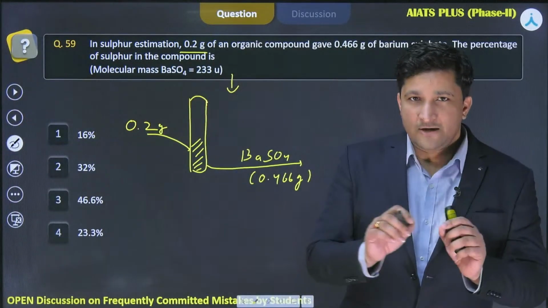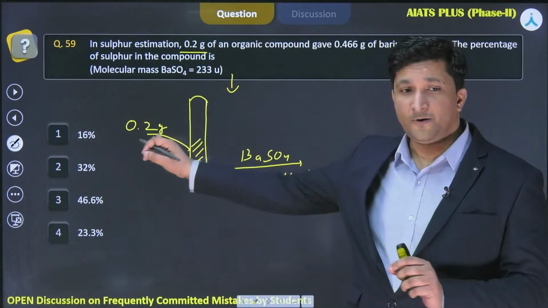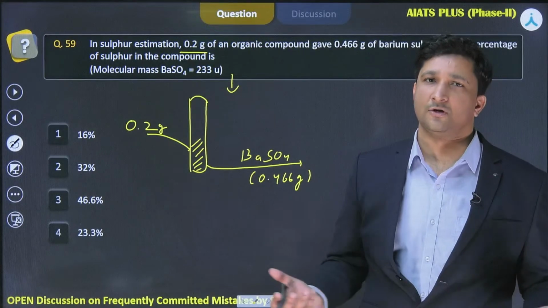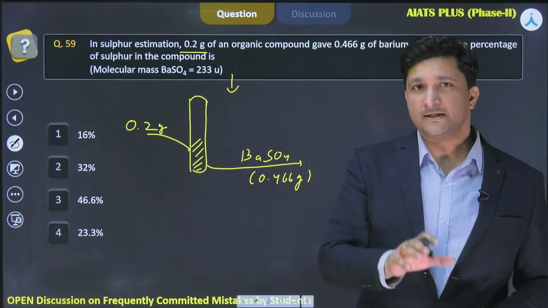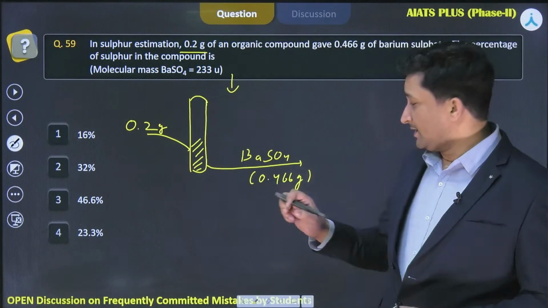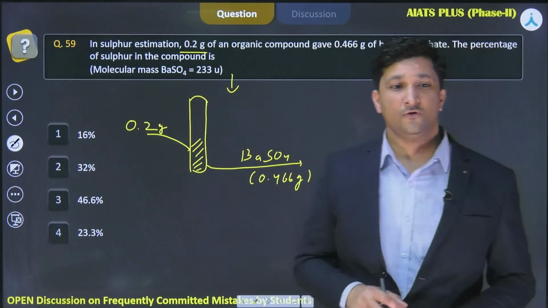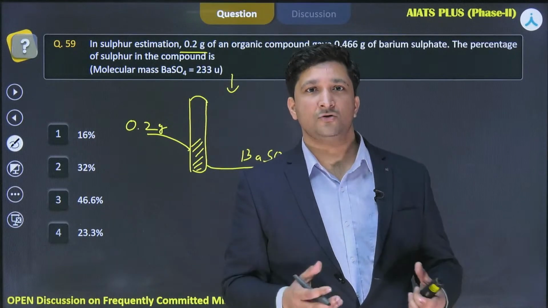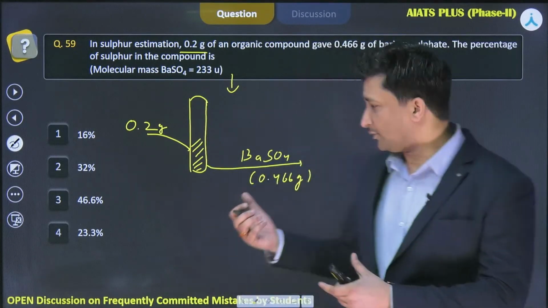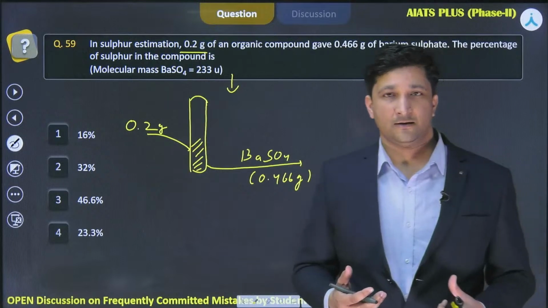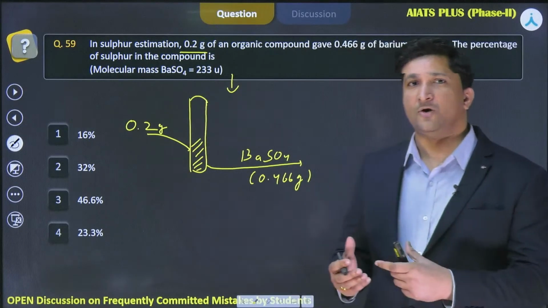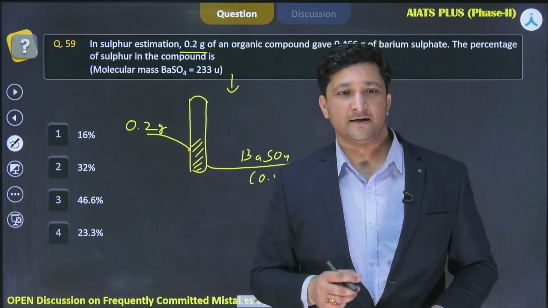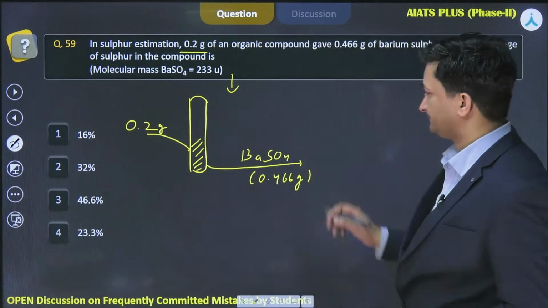Try to understand that the 0.2 gram of the compound contains a certain amount, let's suppose X, of sulfur. All that sulfur has been extracted in the form of 0.466 gram barium sulfate. If I find out the amount of sulfur in the barium sulfate, that is the actual amount of sulfur that was present in the compound which we have taken in the Carius tube.